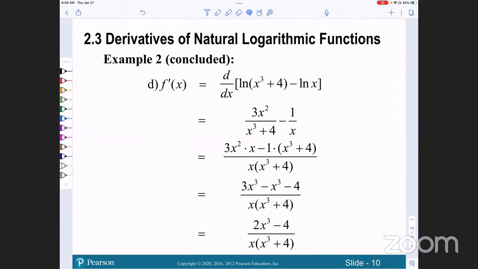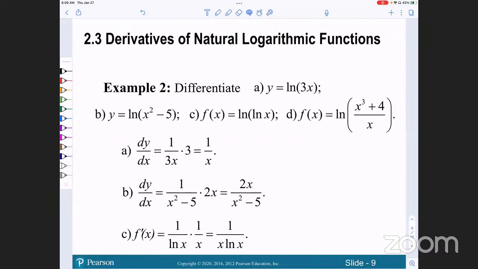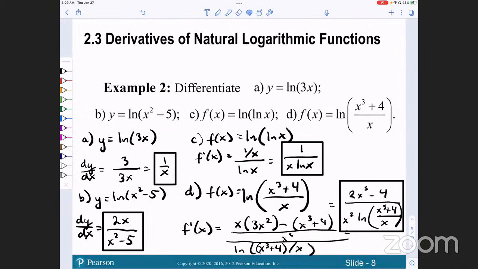Oh, I see what they did. Let me go back. The quotient becomes the difference of the logs.